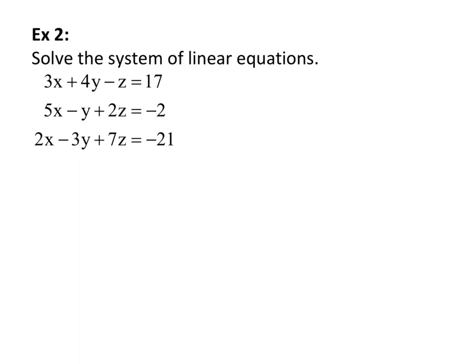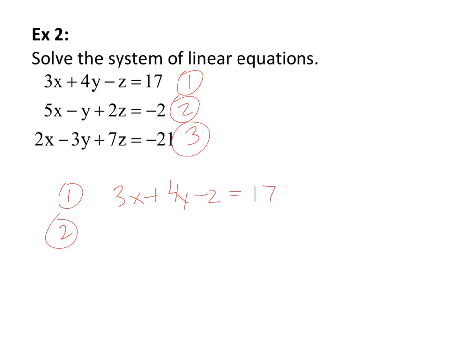Alright, same approach as last example. I'll label all the equations. Okay, I'm going to choose equations 1 and 2, and I'm going to cancel out the z's. So I'm going to have to multiply the first one by 2. Alright, the second equation stays the same.